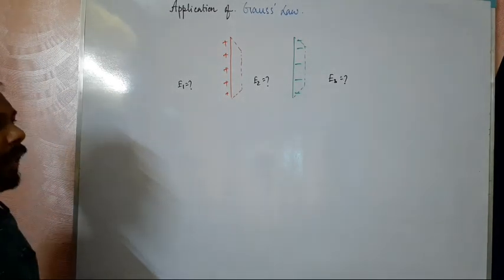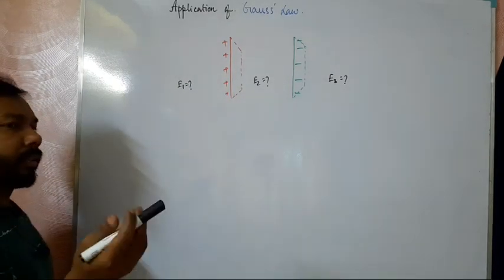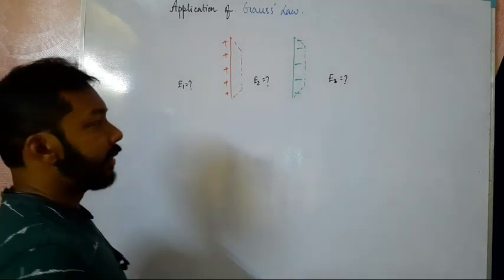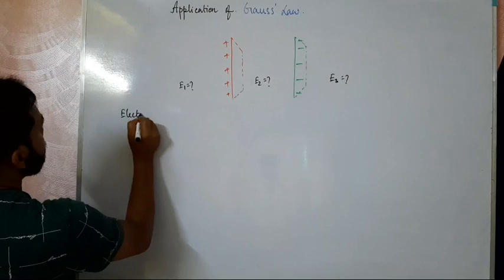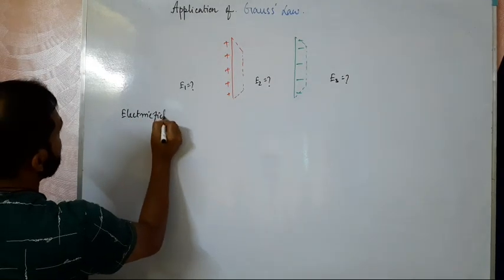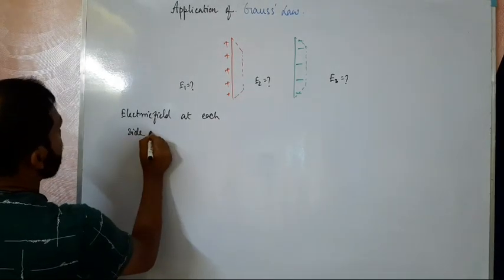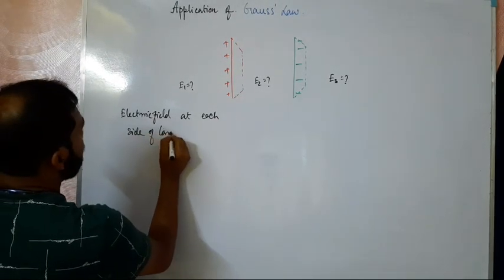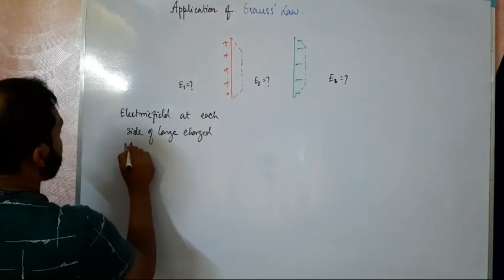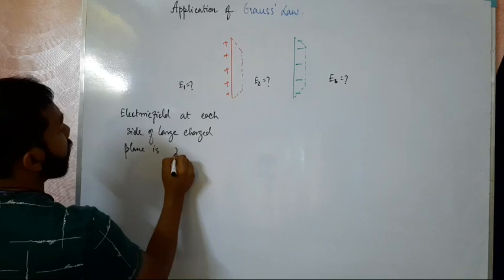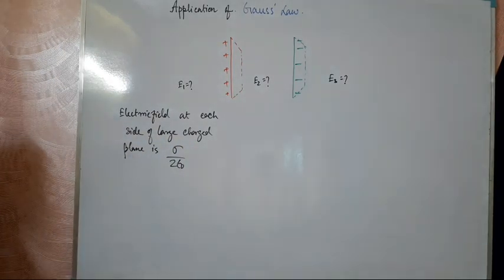We know the electric field for plane sheets, and we will apply the result directly. As you know, the electric field at each side of a long or large charge plane is sigma by 2 epsilon naught, where sigma is the surface charge density.